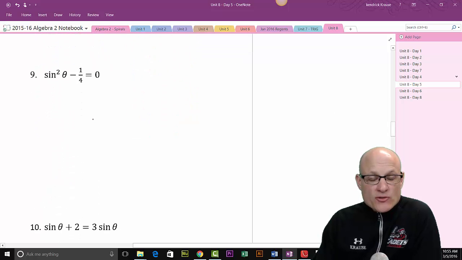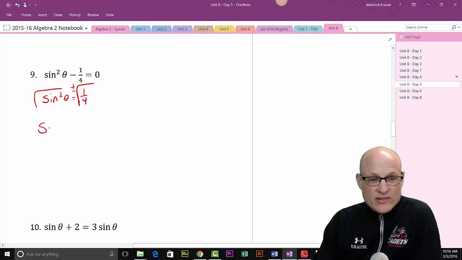All right. So I can do this one a number of two ways. I'm going to do it this way. Sine squared theta is equal to 1/4. I'm going to take the square root of both sides, but I got to remember when I take the square root, I got to put a plus or a minus.